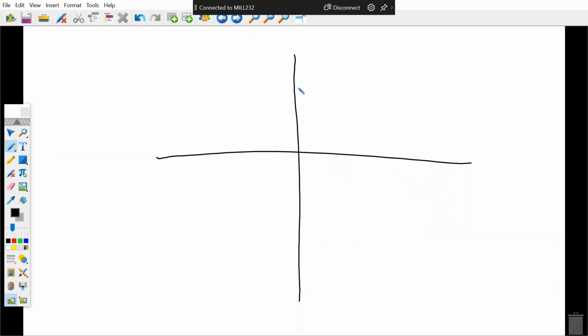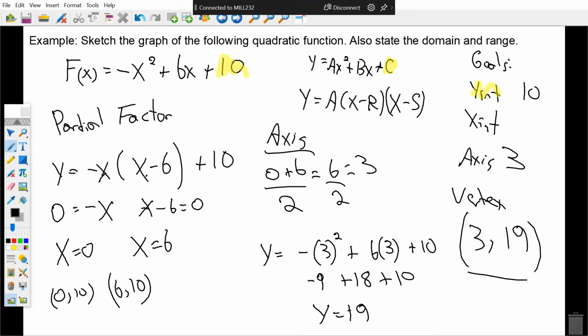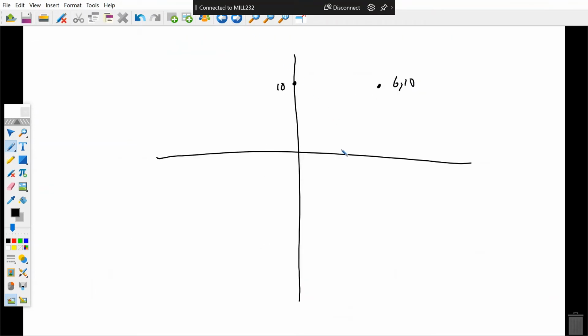So we've got a y-intercept at 10. We've got another point here at 6 and 10. And the vertex is at 3 and 19. So 3 is right between 0 and 6, right? 19's up here somewhere.